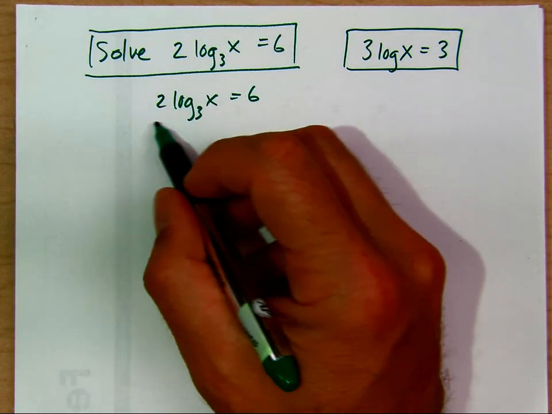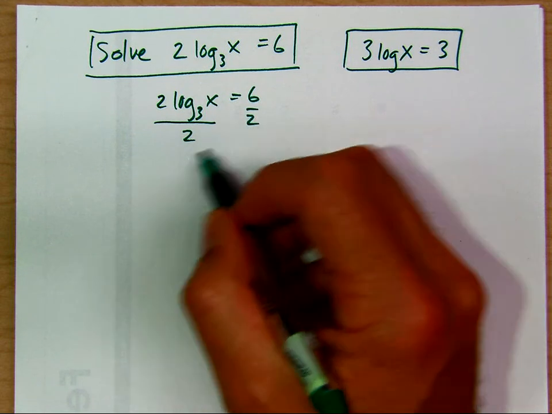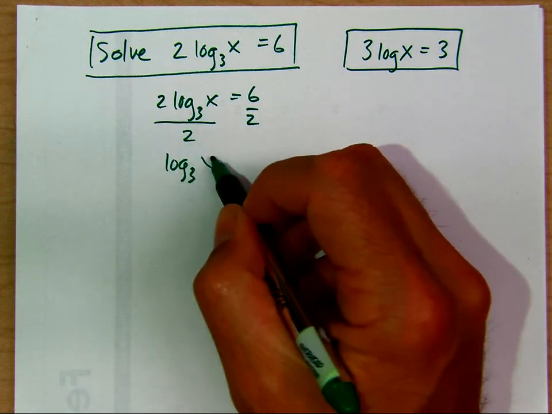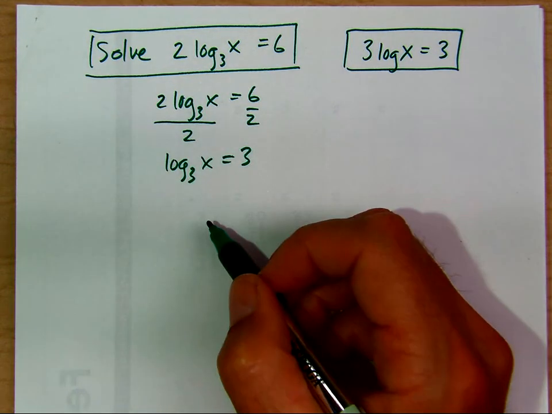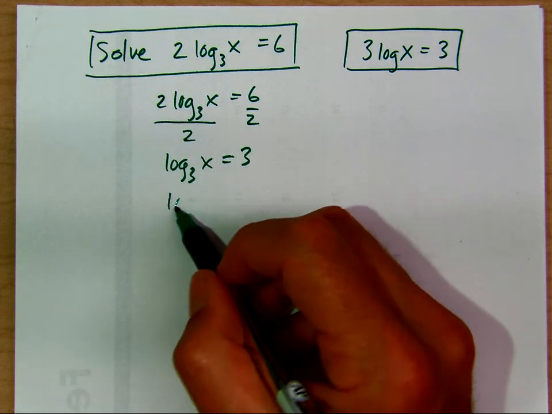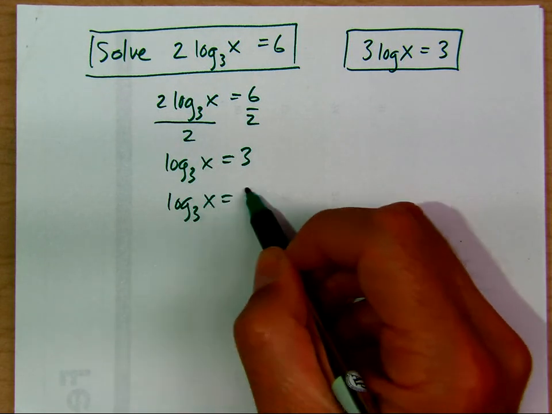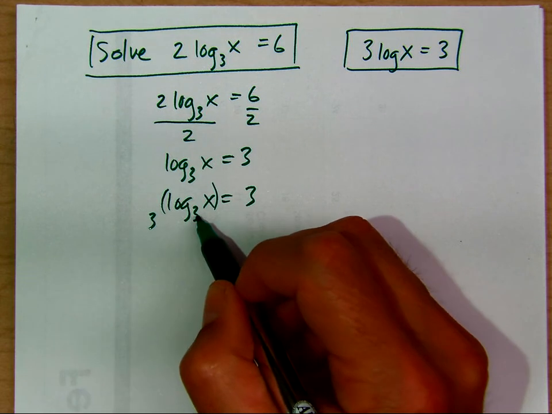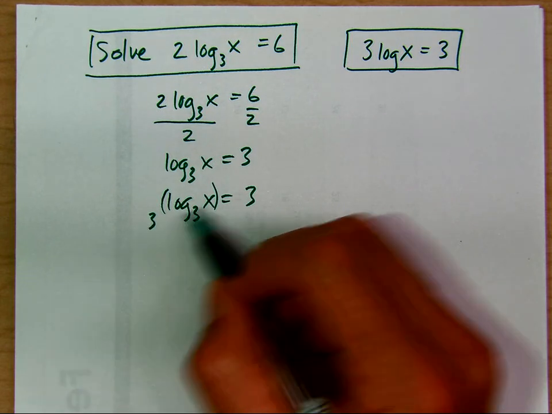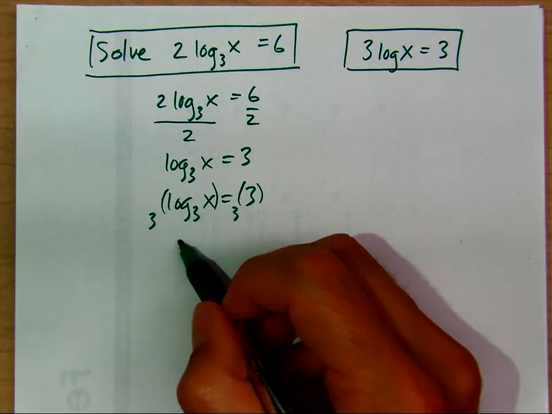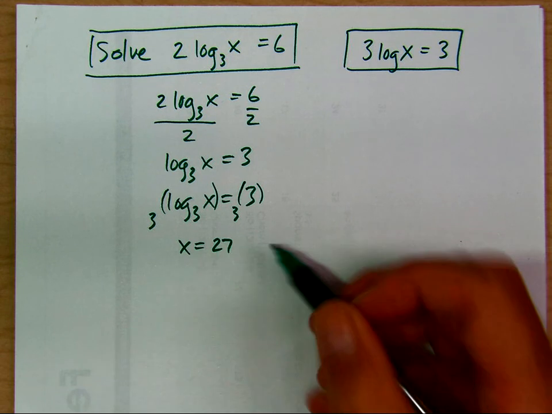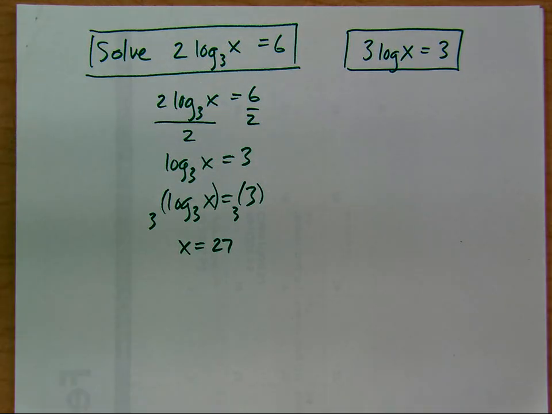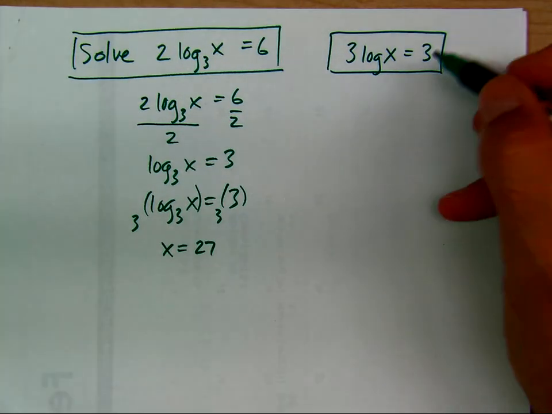Let's start with the 2. And we want to make this the exponent of 3. Whatever the base is, we make that the base here. 27. All right, pause the video and try this one.